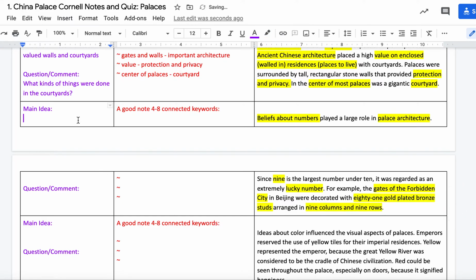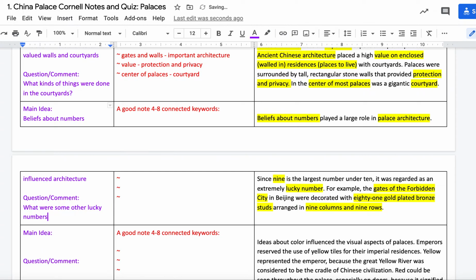Okay. So my main idea here is that beliefs about numbers influenced architecture. My question is, what were some other lucky numbers?